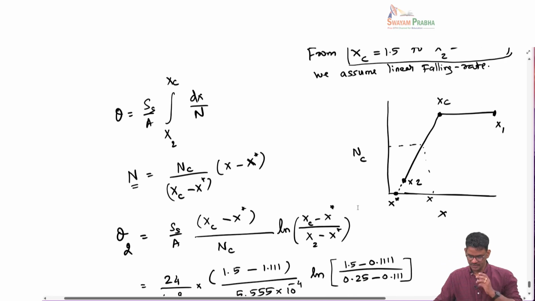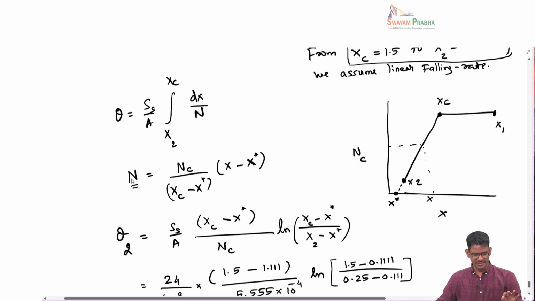So let me just summarize this here. What we have done is, from x1 to xc we have the constant drying rate from the test sample we are using, and then for the falling rate from xc to x2 we don't have the information. So we are assuming that from the critical moisture content to the equilibrium moisture content the falling rate is linear.